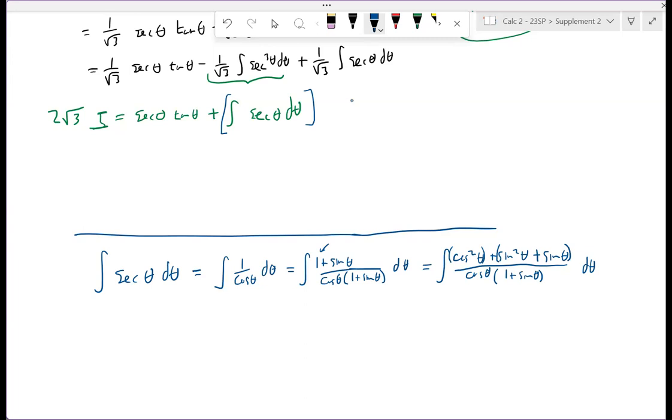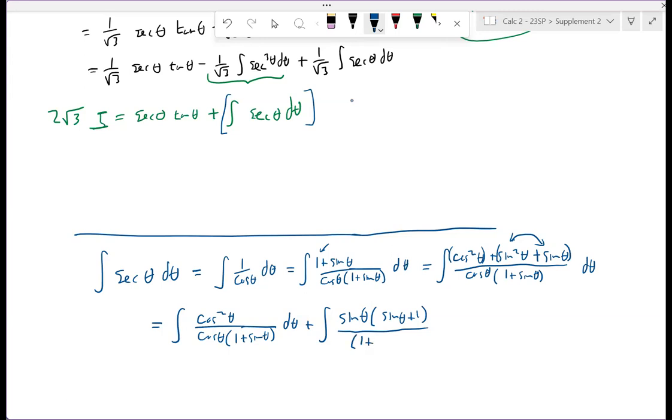We're going to split this fraction apart into 2 fractions and into 2 integrals. Now, sine squared theta plus sine theta is sine theta times sine theta plus 1. You might see where this is going now.